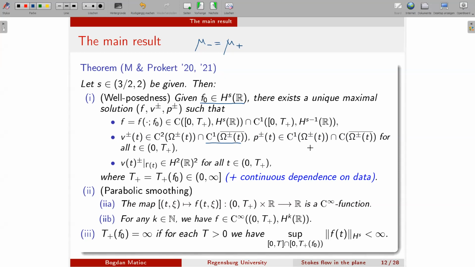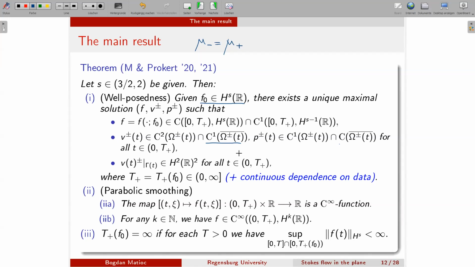And the pressure is C infinity in the fluid domain and is continuous up to the boundary for positive time, and the trace of the velocity on gamma is H2 for each positive time, where t plus is, as usual, the maximal existence time, and we have also a result about continuous dependence of the solution on the data.